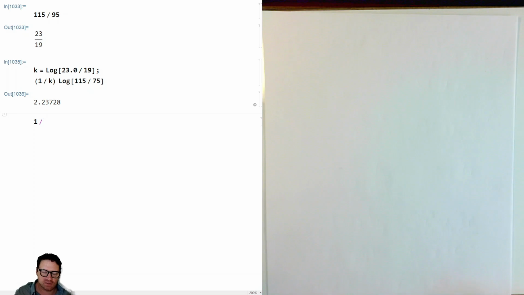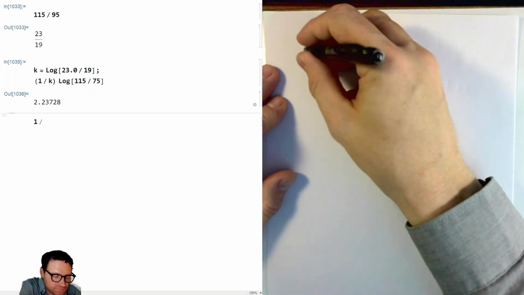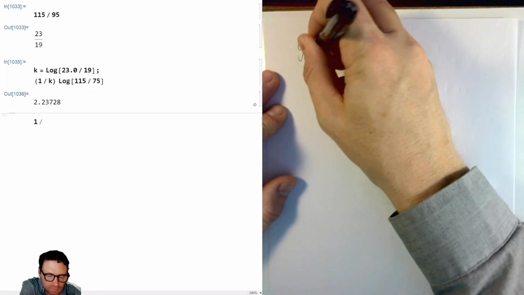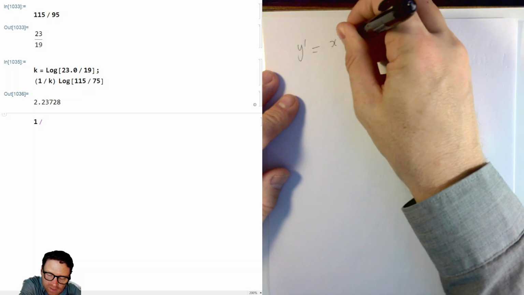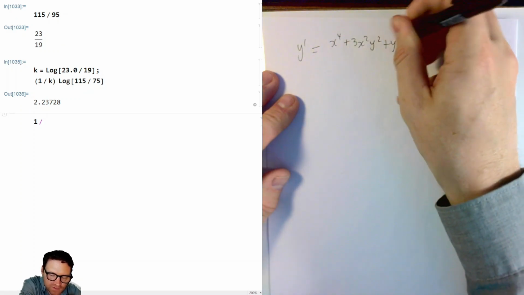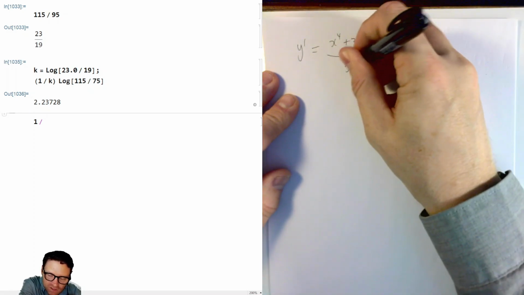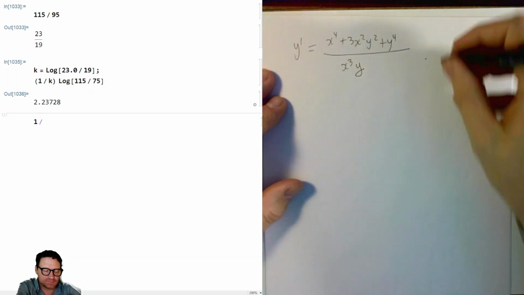Next question. Find the general solution of x to the 4th plus 3x squared y squared plus y to the 4th over x cubed y. So this is homogeneous.